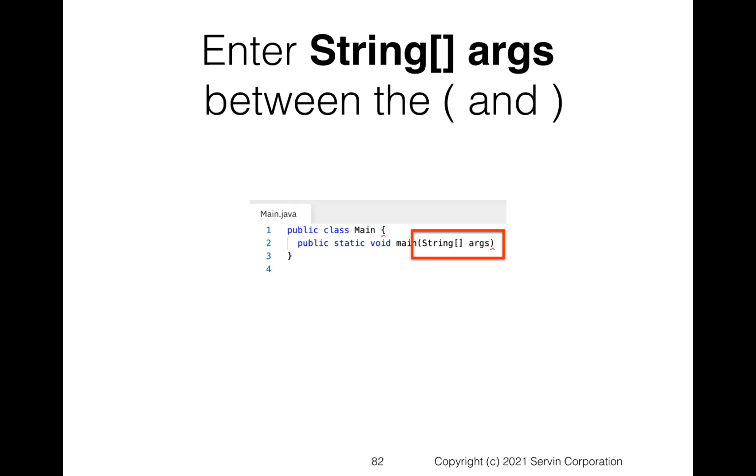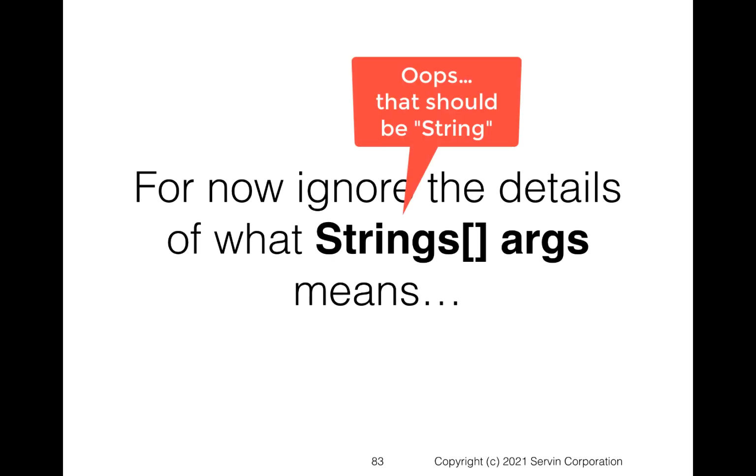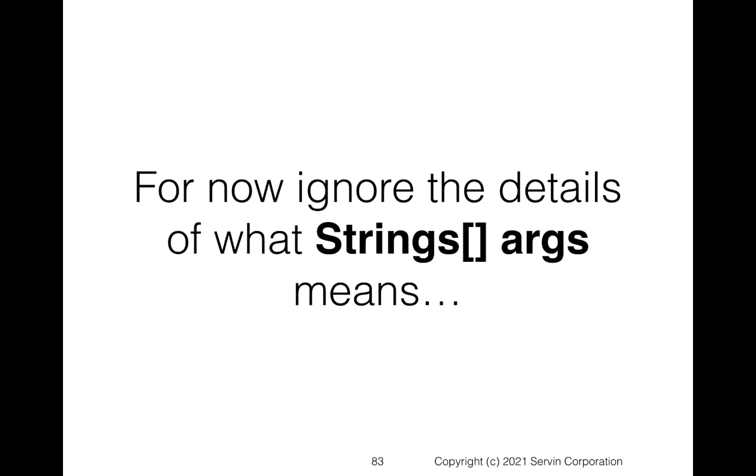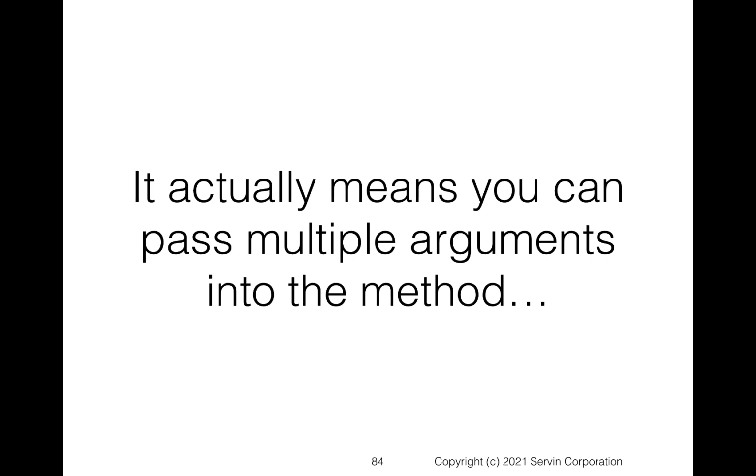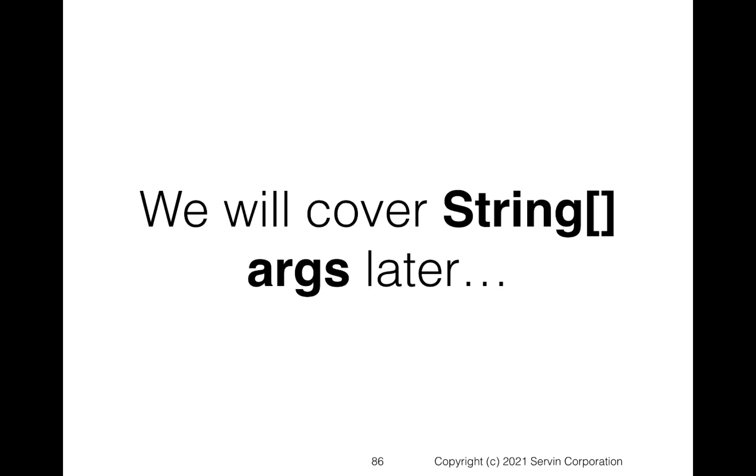Now in this case, we're going to enter String, with the open and close square brackets, args. And notice how we enter that. Be very careful to enter it exactly as I show it. For now, ignore the details of what String[] args really means. It actually means you can pass multiple arguments into the method, and we'll look at that later. But again, for now, ignore the arguments because it's optional as to whether they're used. We'll cover String args later.